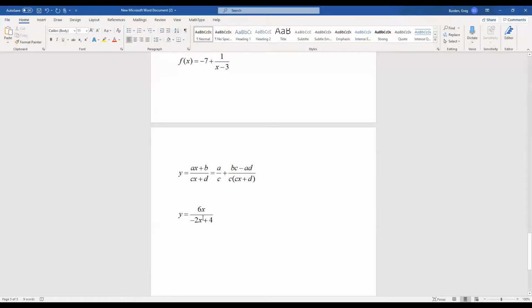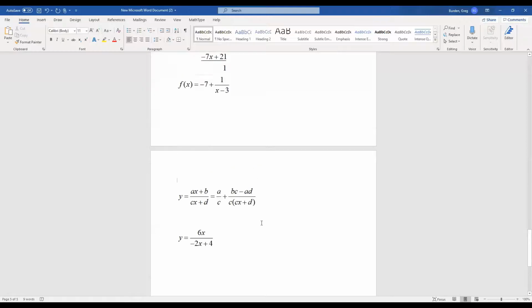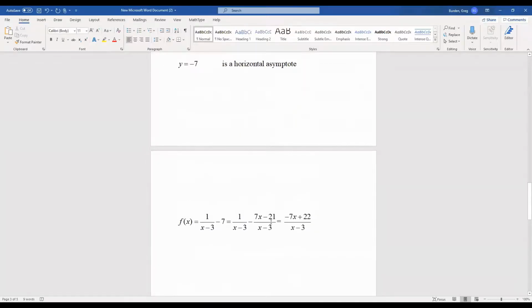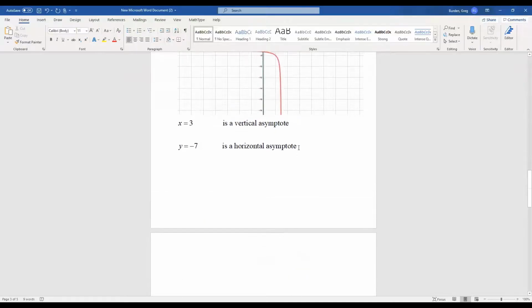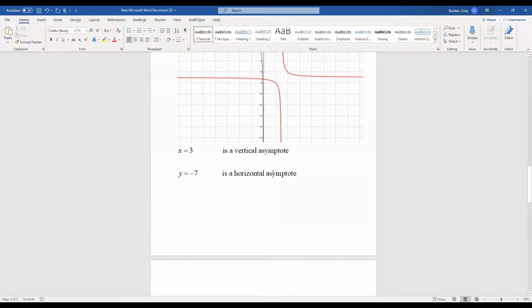Well, it turns out that you can recover the horizontal asymptote here by just comparing the 6 and the -2. So if you go back to the example I had up here before, -7 over 1 turned out to be the horizontal asymptote here of y equals -7. Remember, horizontal lines have equations that say y equals some number, so y equals -7 was the horizontal asymptote for our red curve here.